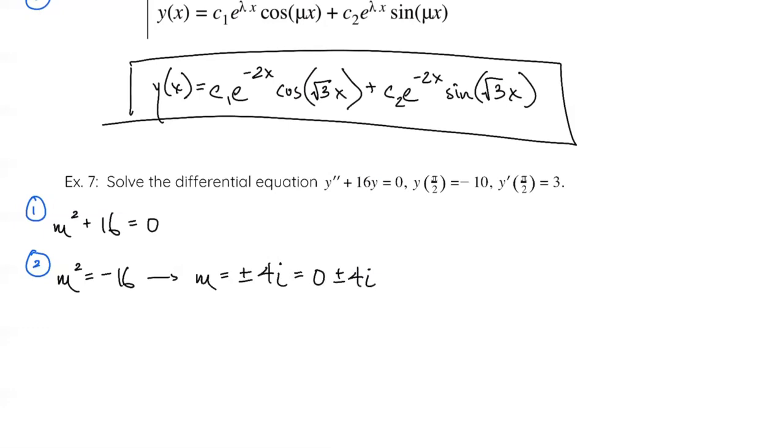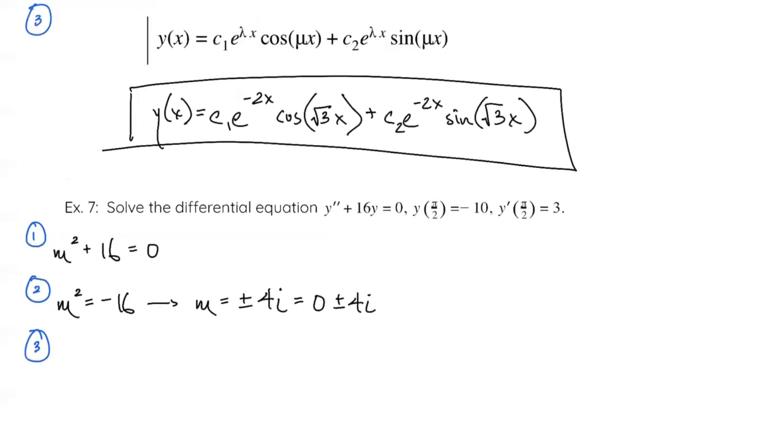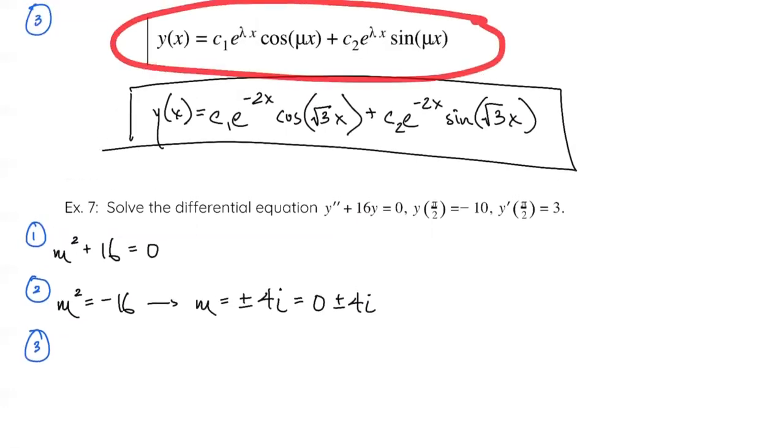I wouldn't judge you either way, but if you find that you tend to wonder which one is the lambda, it might be helpful just to write it out. So we're going to plug things into this form. Everywhere we see a lambda, we're going to put 0. Everywhere we see a mu, we're going to put 4.